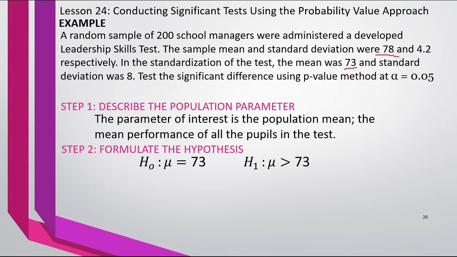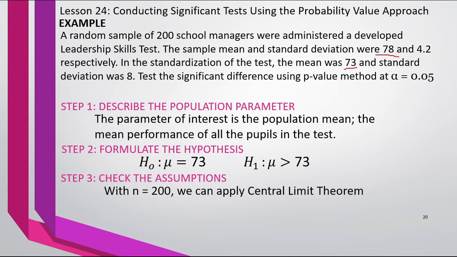Kuha ba? Okay, good. Next, we check for assumptions. Let us check the sample. Ayun, 200. So, therefore, we can apply the central limit theorem. Ayan, very good. Next, we choose the type of test and significance level.